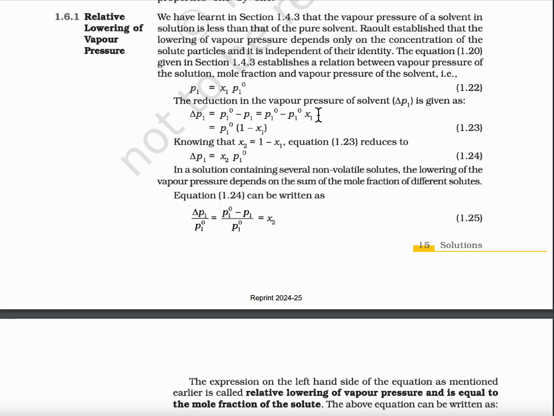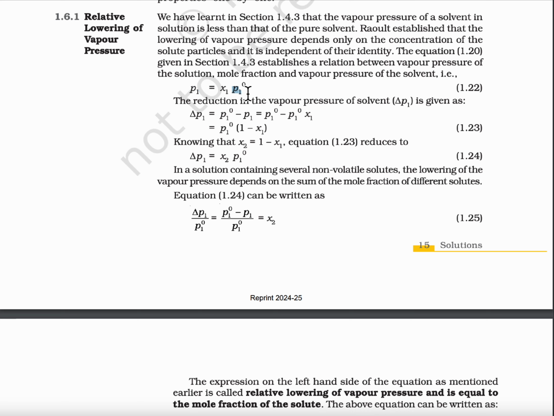The reduction in the vapor pressure of the solvent, delta P1, is given as delta P1 is equal to P1 naught minus P1, which is P1 naught minus P1 naught Chi1, which will be equal to P1 naught into 1 minus Chi1. That is the reduction in the vapor pressure. As we saw, this P1 is nothing but the vapor pressure of the solvent in the solution. That means this P1 would be lesser than P1 naught.